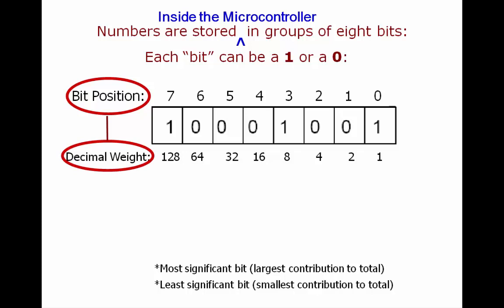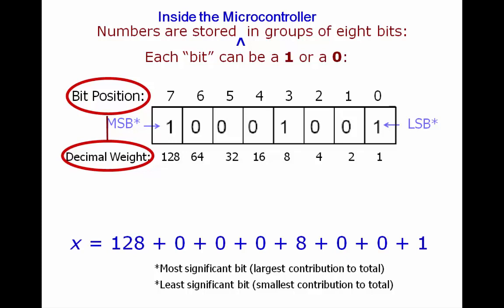The bit position indicates the decimal weight represented by the bit. The bit on the left, carrying a weight of 128, is called the most significant bit, or MSB. The bit on the right, called the LSB, or least significant bit, carries a decimal weight of just 1.